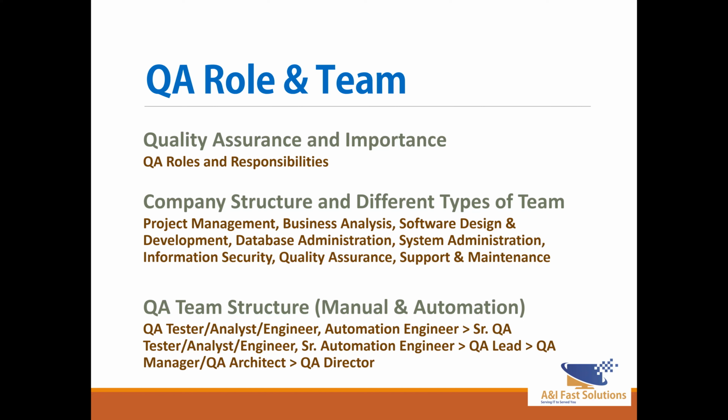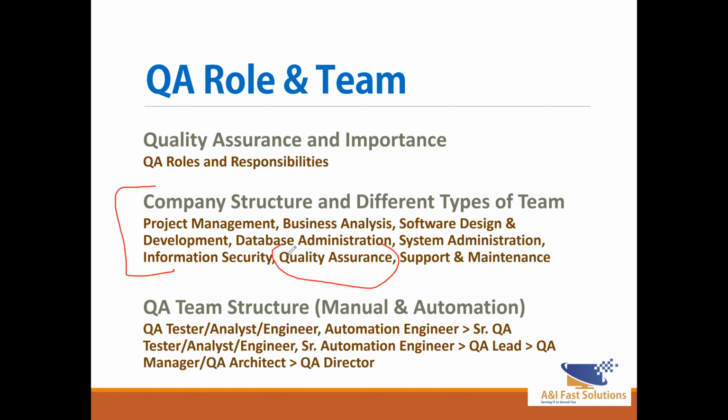And as I told you, a lot of different types of teams need to be involved for the company. So I just mentioned here, let me show it to you guys, what the different types of teams are in the software development lifecycle, and exactly where we stand.